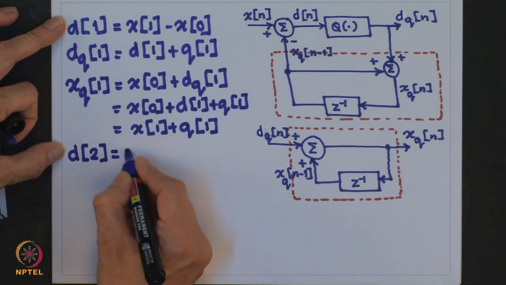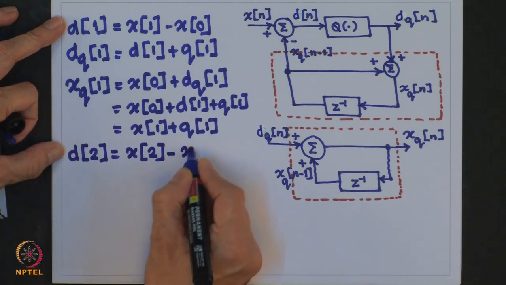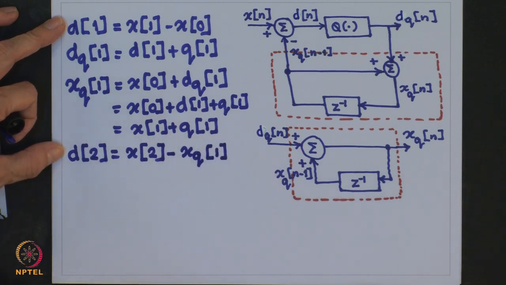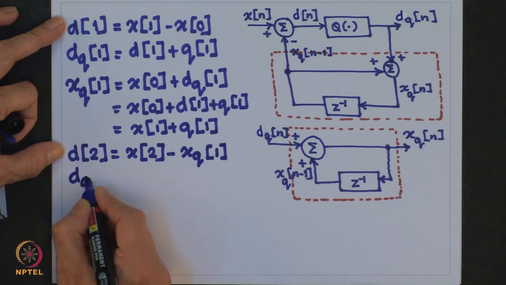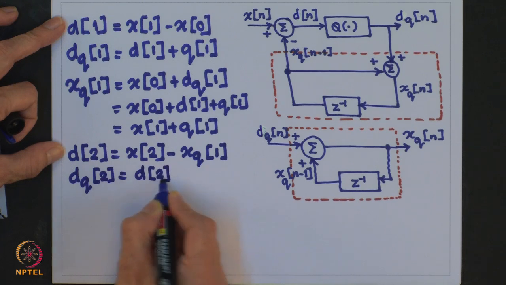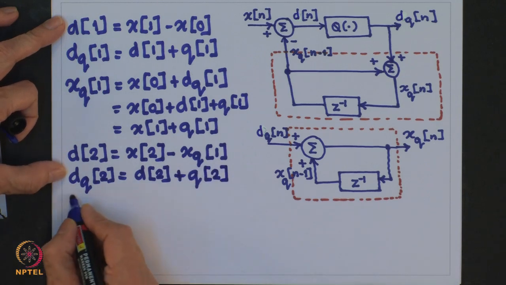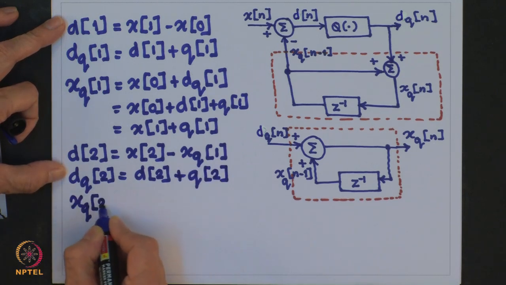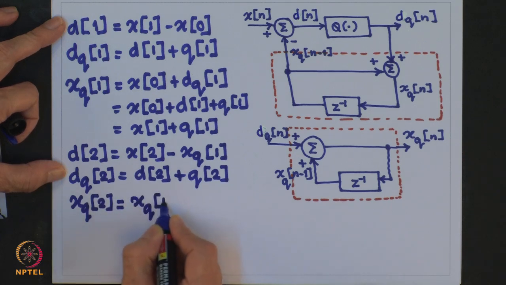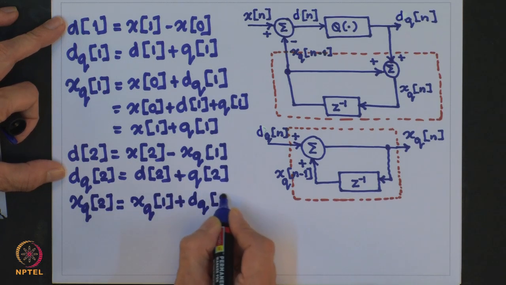Now let us look at the second difference sample. Here I use the current sample and the previously reconstructed sample, and then I pass it through a quantizer. Now I reconstruct at the receiver as follows: my previously reconstructed value plus my received difference signal.